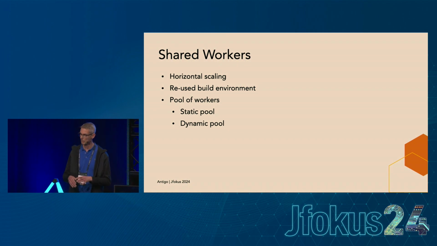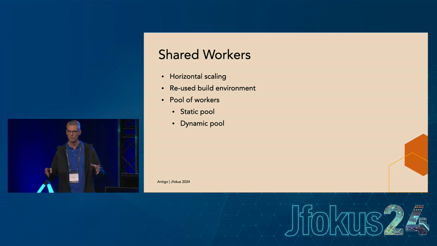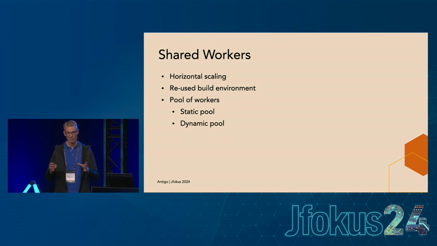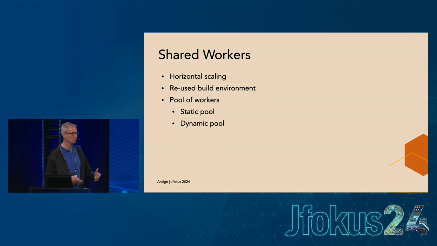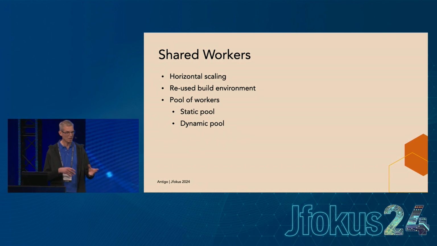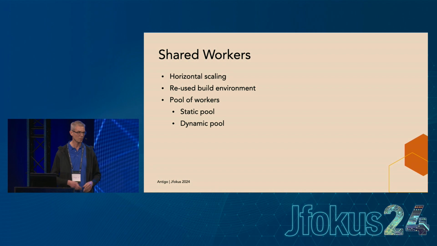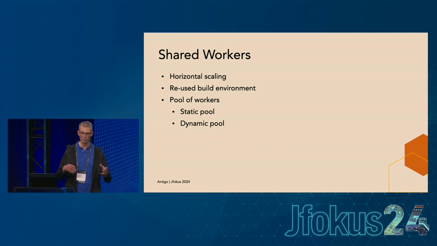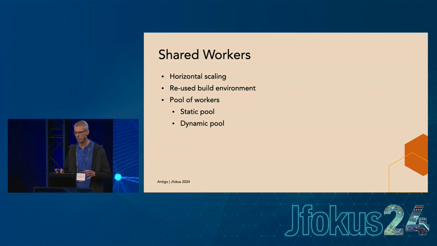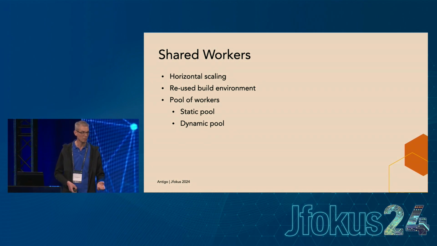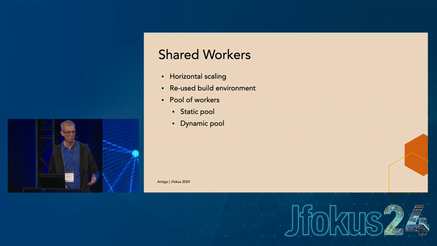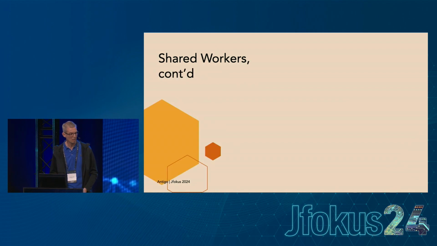One of them being the static pool, which is a pre-sized pool. This would typically be if you own your own hardware, because it doesn't really matter if you shrink or grow the pool. The other flavor would be the dynamic pool, which you'll grow if you need more power, or you shrink it when you don't. So this is probably what you would have if you're using the cloud, when you pay per the minute, right?